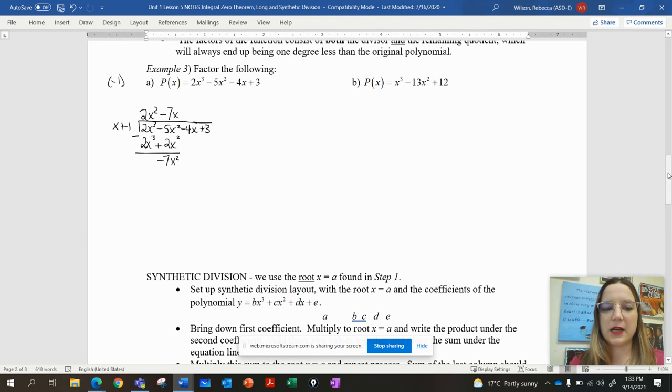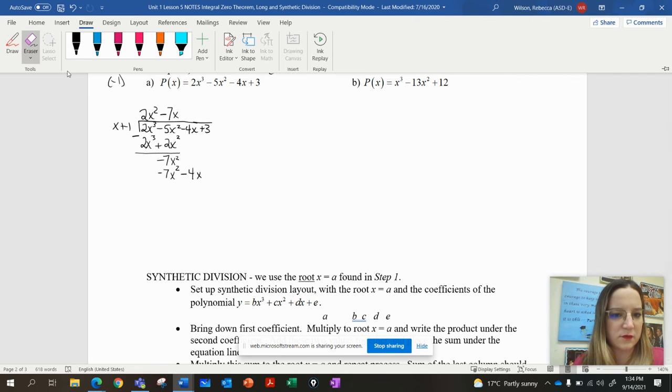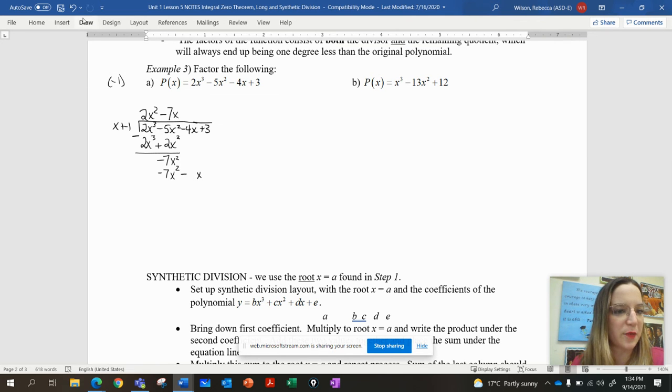So x times negative 7x is negative 7x squared, and 1 times negative 7x is negative 7x. Sorry, I said negative 7x but then I wrote the wrong thing, because I was thinking a step ahead.